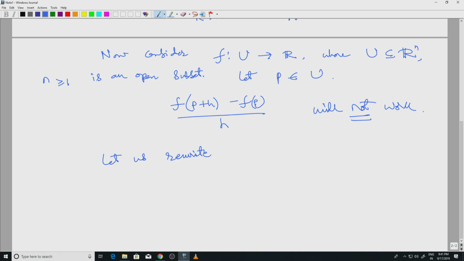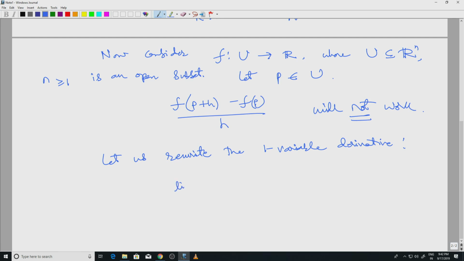Let's go back to the one variable case and rewrite the definition for a derivative in a different way, which will easily generalize to higher dimensions. Let's rewrite the one variable derivative. So I'll rewrite it as follows.